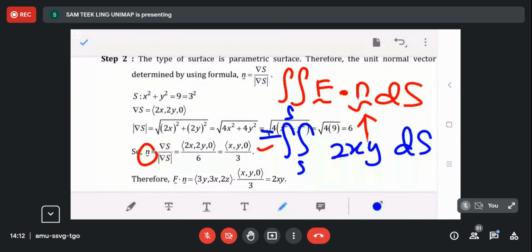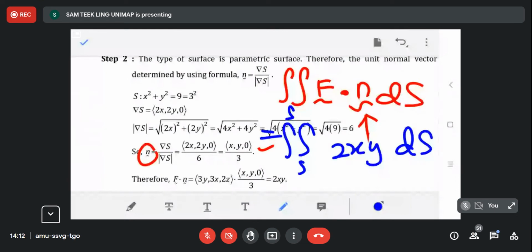Now, in this form, 2xy dS, we will check whether we can use polar or cannot. We can apply polar coordinate or not. So if cannot use polar coordinate, we will go to the basic one, like the triangle one, dx dy or dy dx for your dS.